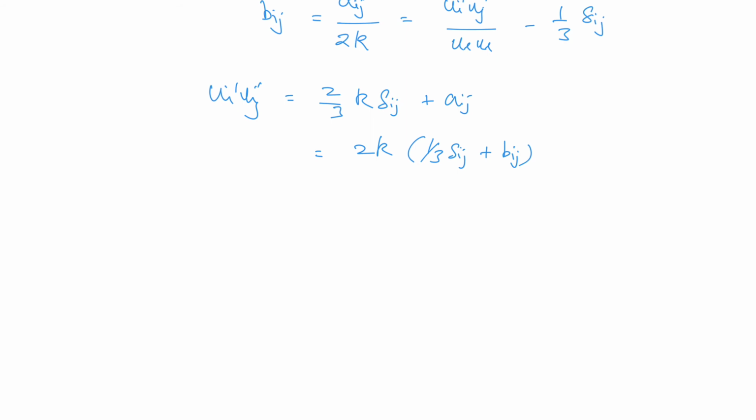Once you know that, you can easily say this a_ij is the only effective part in transporting momentum. The other parts might not contribute, right?